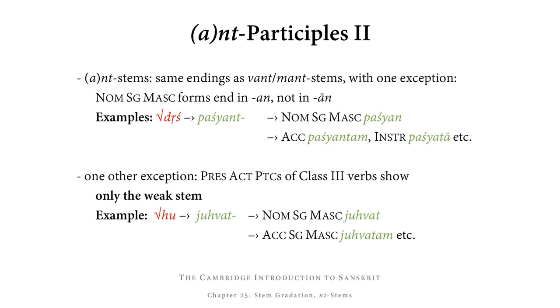So, for example, from hu, a class 3 verb meaning to pour or to sacrifice, we have the stem juhvat, consisting of juhu, the weak present stem of hu, plus the weak suffix at, never the strong suffix ant, only ever weak at, and so we get juhvat, and from that the nominative singular masculine juhvat, the accusative singular masculine juhvatam, and so on.